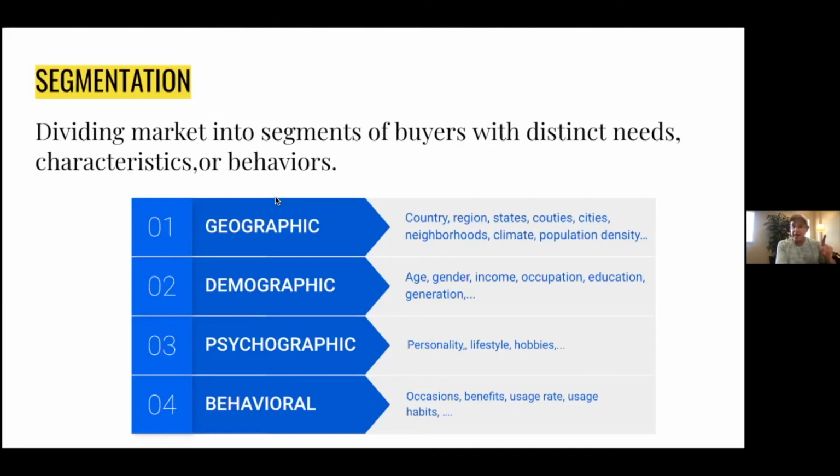And then if you think about the habits of your customers, for example, the benefits that they're looking for, or the usage rate. And really what usage rate means, let's just say that we do the stamp collecting, or even people that order pizza out, right? Like people that order pizza at least once a week, that's a usage rate.